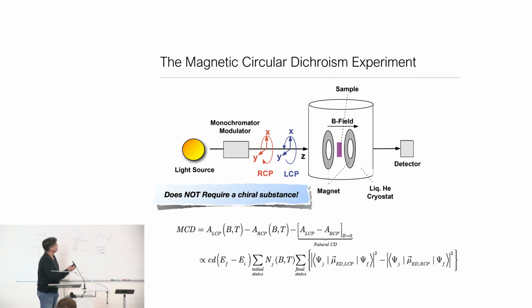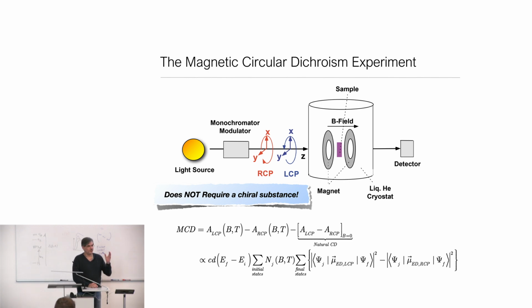And so it's basically pulses of RCP and LCP photons hitting the sample. The sample is sitting here in a magnetocryostat, a pretty massive thing that you have certainly also seen in the lab. Then after it passes through the sample, it's being detected. And that detection needs to be phase sensitive, right?